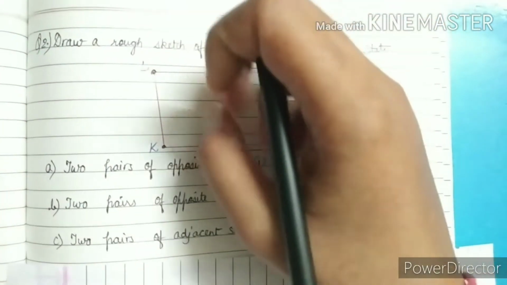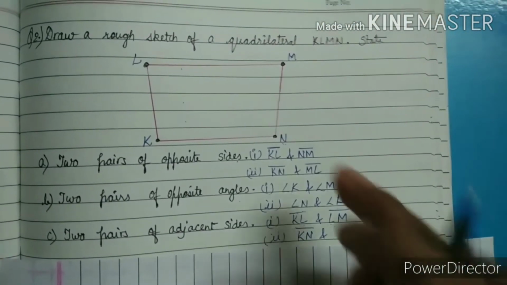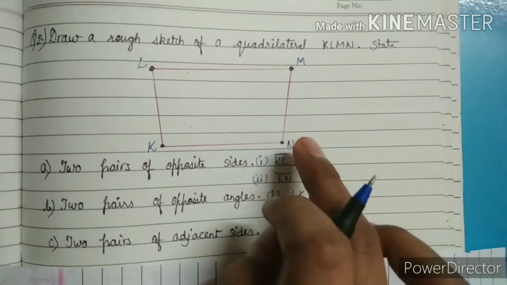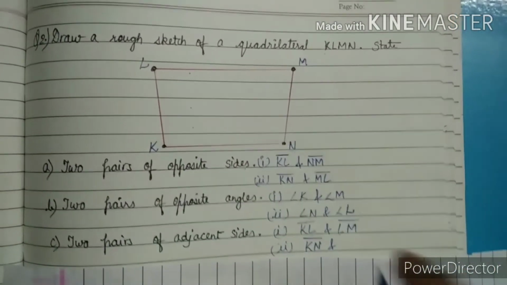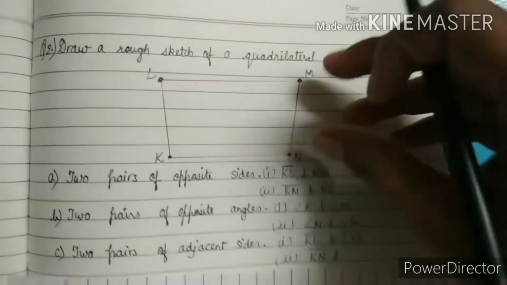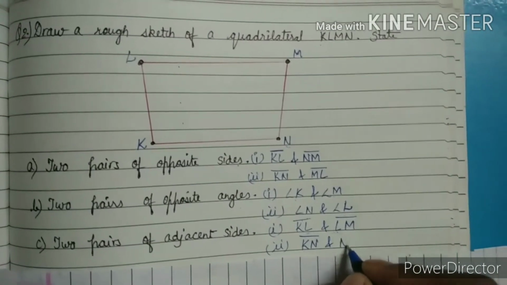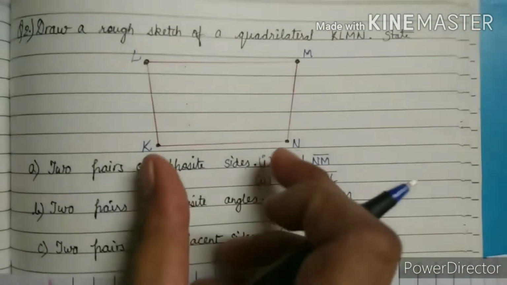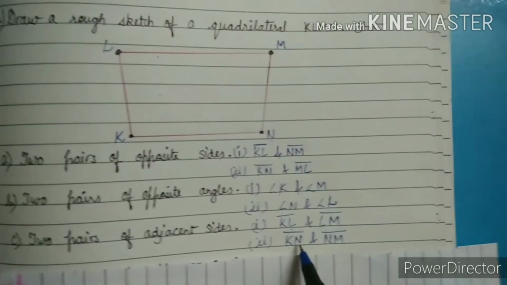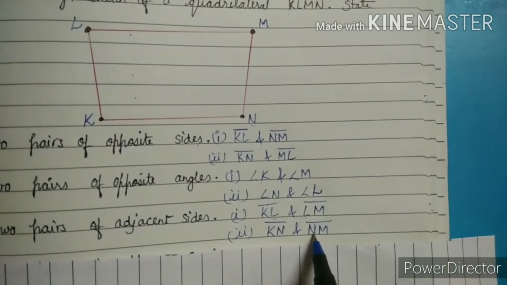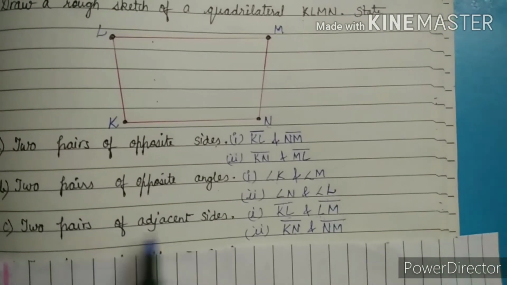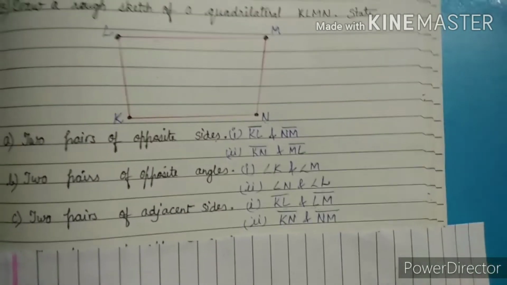We can take only one side from both of them at a time. So for KN, which one can we take? Anything. I am taking NM. So this side's neighbor is this side. How can you recognize? Have you seen N in both names? Yes, we can see N in both. That's why they are adjacent sides to each other.